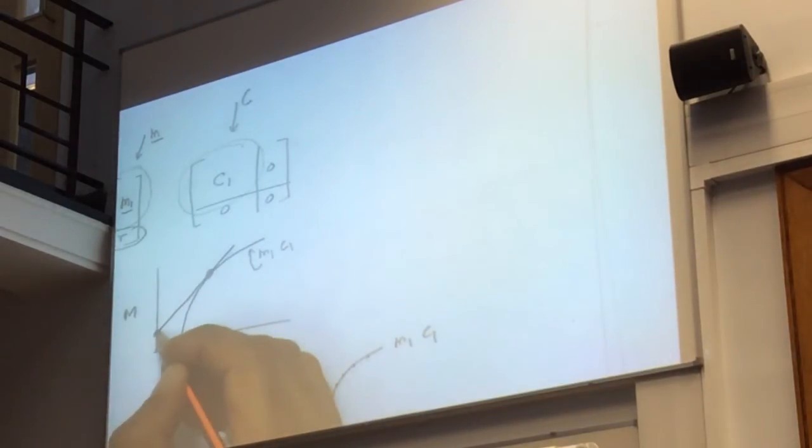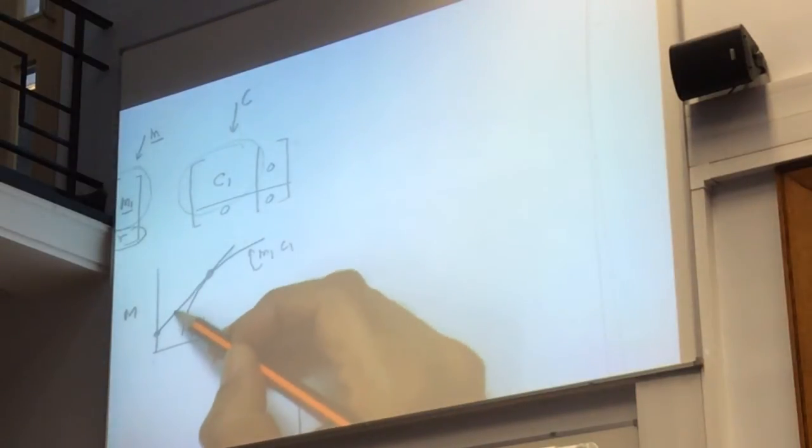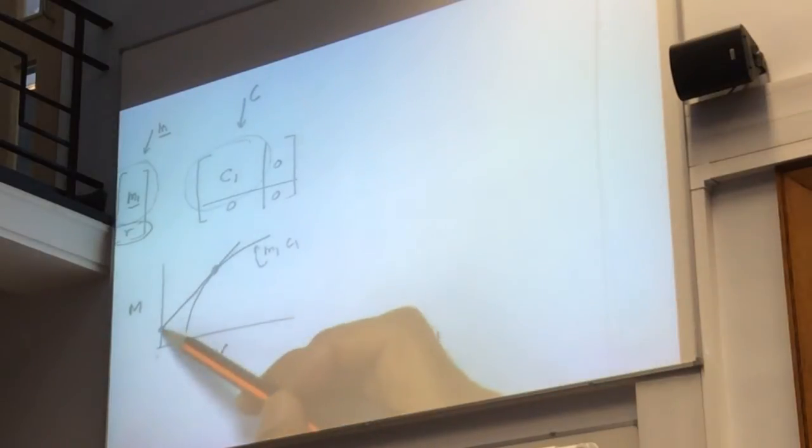If I'm here, I have put all my money in the bank. I'm not investing in any of the risky things. And I can choose many different operating points here by balancing out how much I put in the stocks and how much I put in the bank.